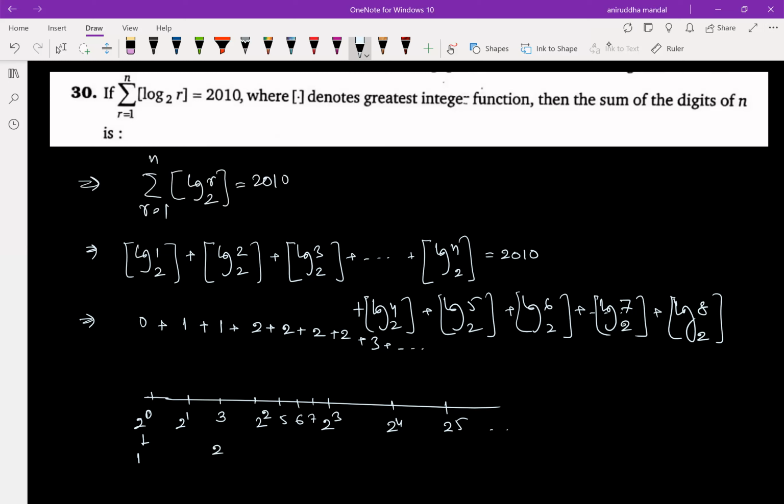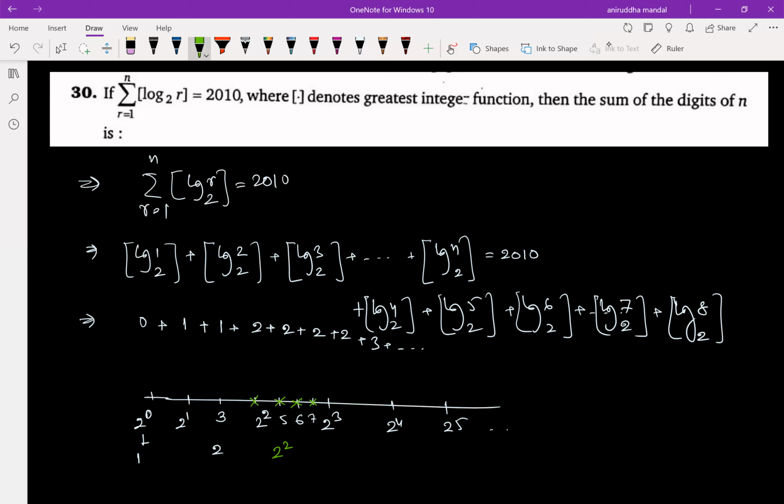Then from 2 squared, meaning 4, to 2 cubed, how many 2's are there? This is 1, this is 2, 3, 4. So we have four 2's, which is 2 squared.